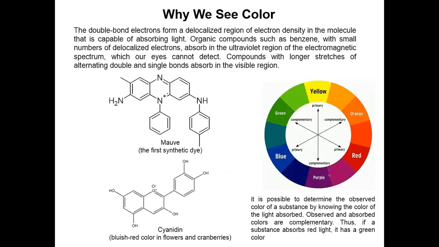This is just for your knowledge, to understand why we see colors: because of this double bond electron density. I'm not going deep here, but because of the change of this double bond electron density, we can see different colors. When we see green, it means that something absorbs red. If you see something is green, it doesn't mean that it absorbs green.